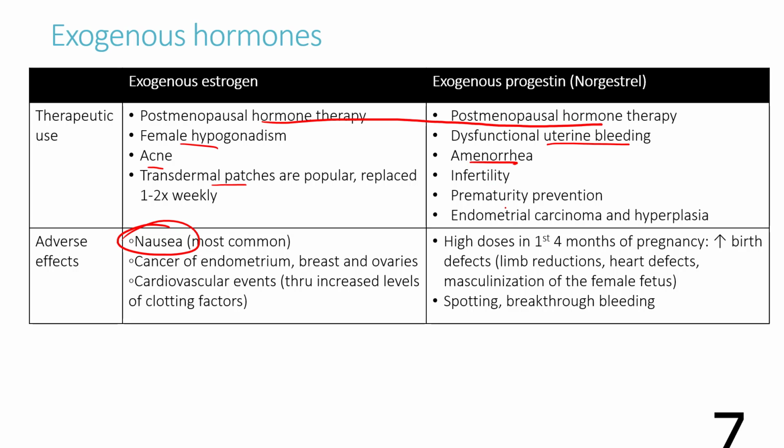So progesterone is also given to delay premature birth, and to help with infertility if implantation is the issue. But it also causes endometrial carcinoma and hyperplasia, right? Because progesterone has been shown to be teratogenic, you need to avoid high doses in the first 4 months of pregnancy, because that's been shown to increase the risk of birth defects.